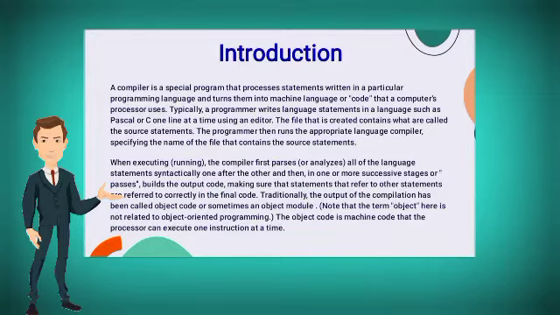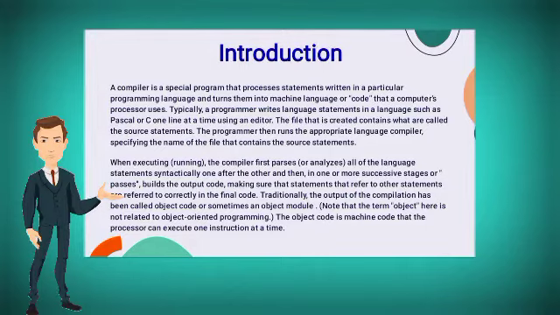When executing, the compiler first parses all of the language statements syntactically, one after the other, and then, in one or more successive stages or phases, builds the output code, making sure that statements that refer to other statements are referred to correctly in the final code.